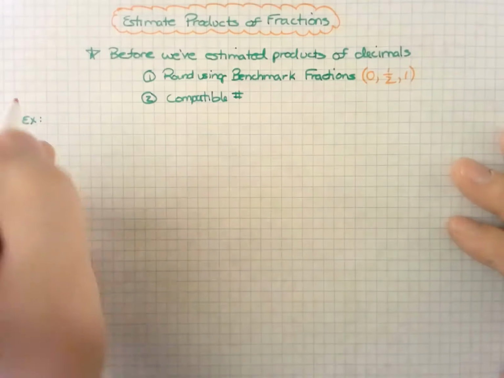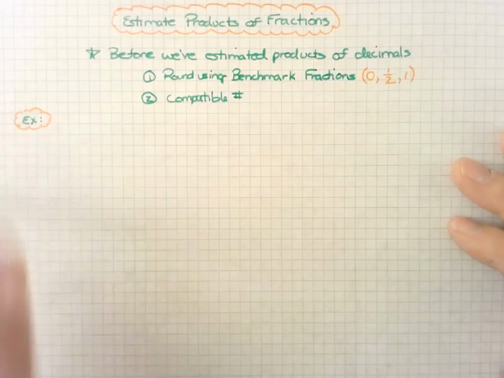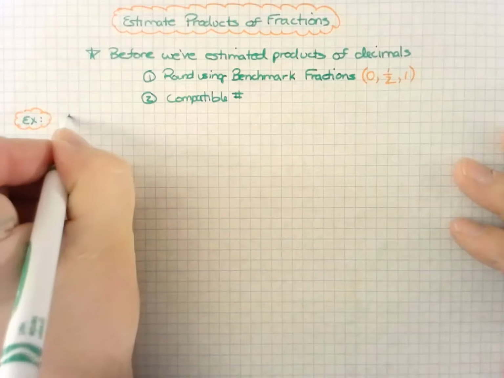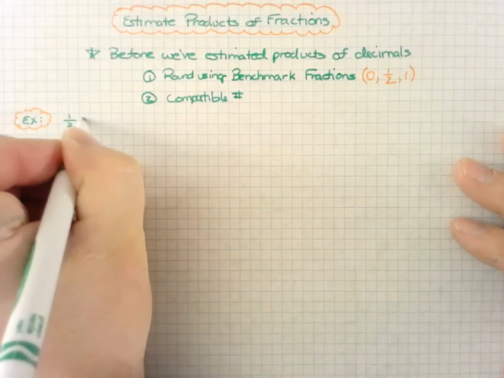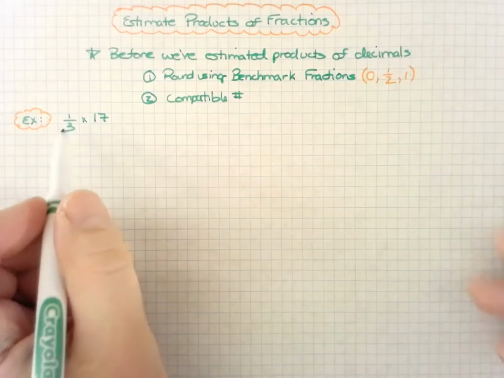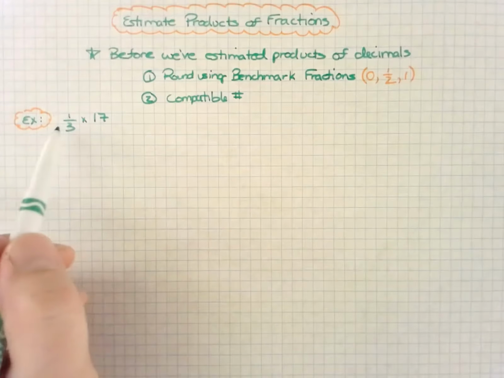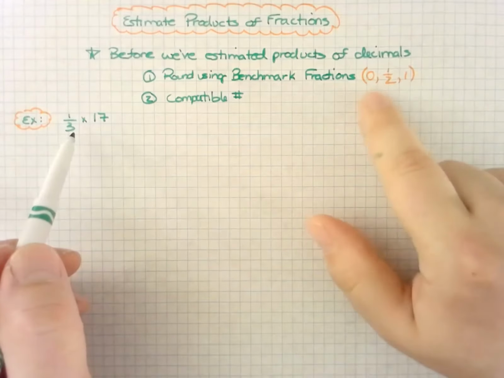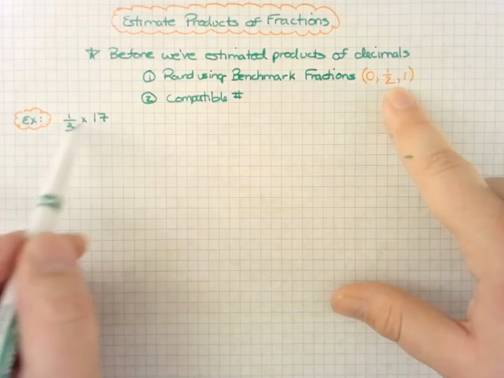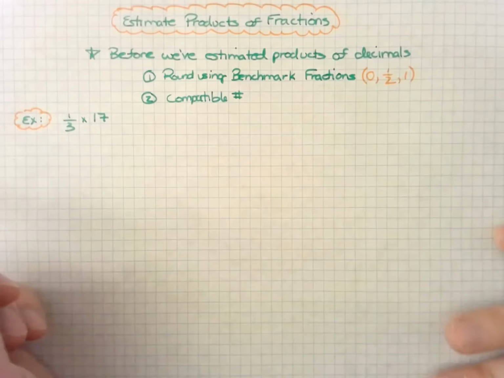Say I have 1/3 times 17. So in this case, 1/3, that's probably not a good idea to round to a benchmark fraction of 0, or in this case, 1/2. It still makes this kind of difficult to multiply together.